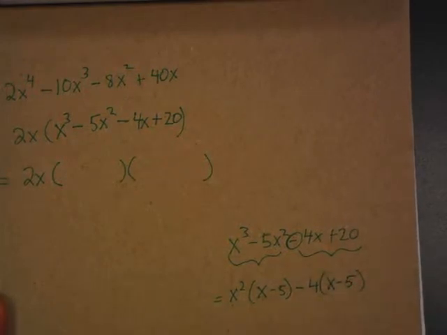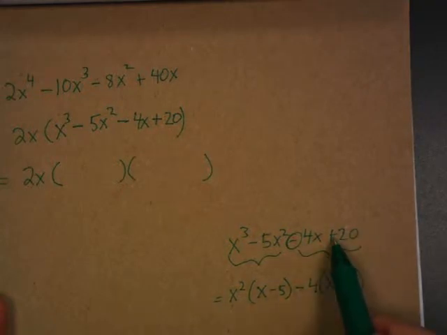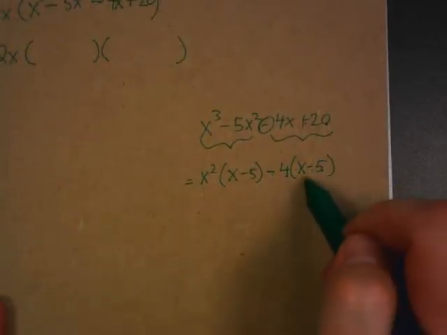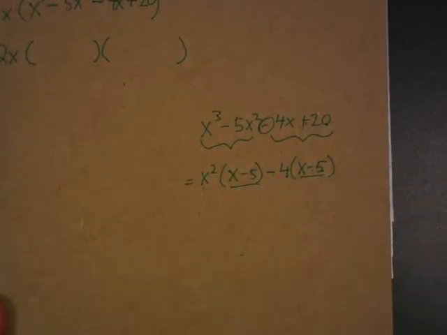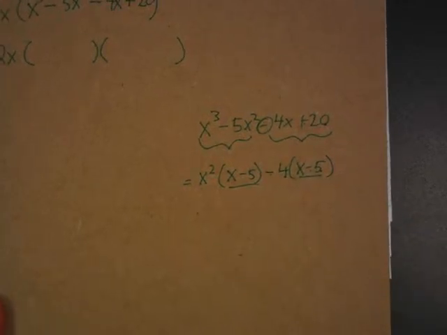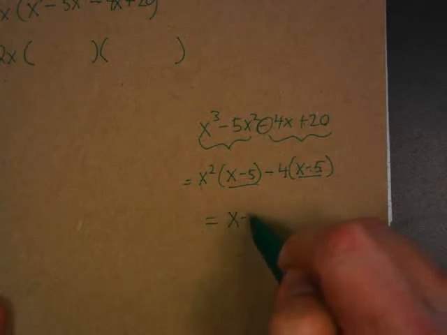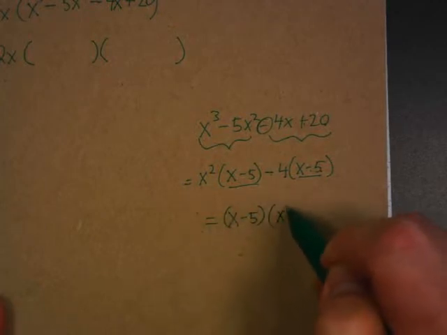Why minus 5? Because I need a minus 4 times a minus 5 to be a plus 20. At the same time, I need those to match up, don't I? If I'd written that as an x plus 5 right there, I should recognize that I made a mistake. They don't match. All right, I take out that x minus 5, left over x squared minus 4.